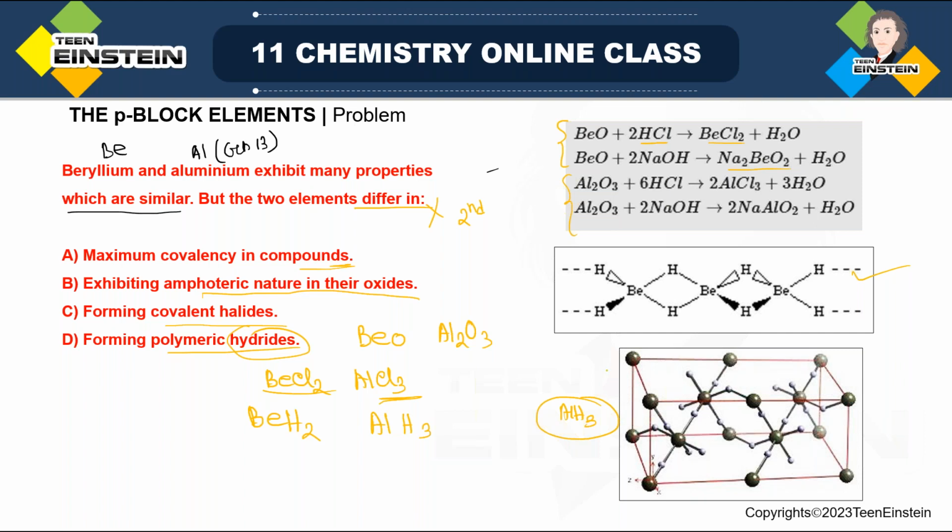But maximum covalency, as I have said, in the case of beryllium there is no d orbital, but here we have 3d orbital. It is vacant, that is fine, but valency can be enhanced. So maximum covalency for beryllium, you can expect what it can accommodate. There are 2 electrons present in 2s.